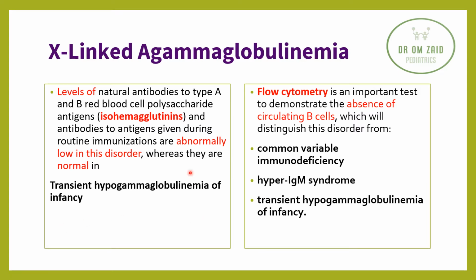The other thing, we can do flow cytometry. Why? Because it is an important test to demonstrate the absence of B cells, which will distinguish this disorder from common variable immune deficiency, the hyper IgM syndrome, and transient hypogammaglobulinemia of infancy. So to diagnose, it is the flow cytometry. Okay?